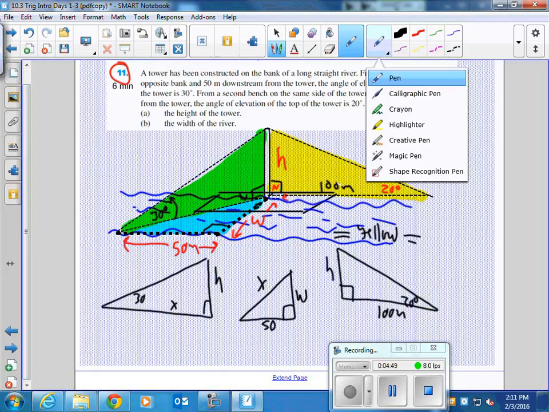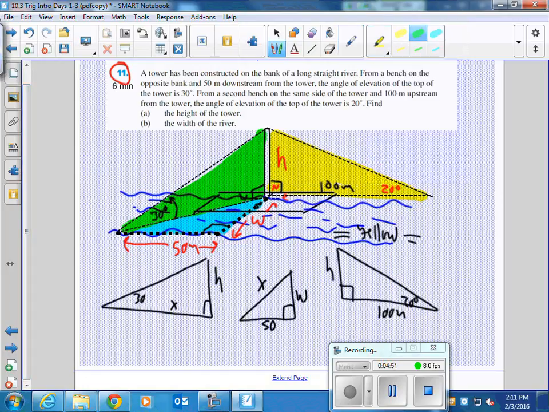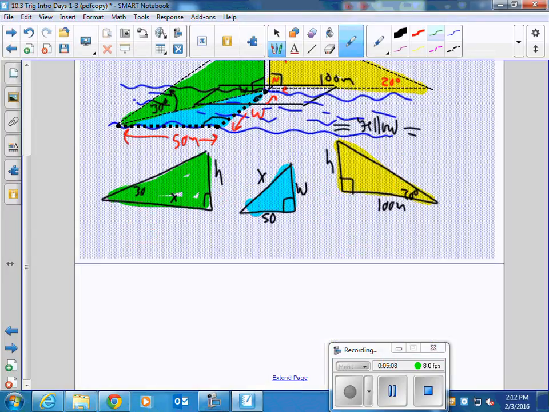So I'm going to color those so you can kind of see them. Here's the green one. Those match. Here's the yellow one. Those match. And then the blue one is this guy. That matches. And then just go ahead and write down relationships. Well, we might want to start over here.